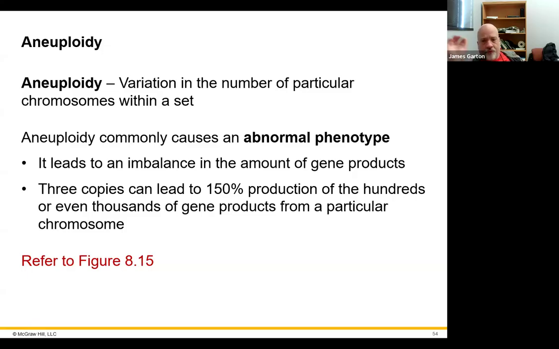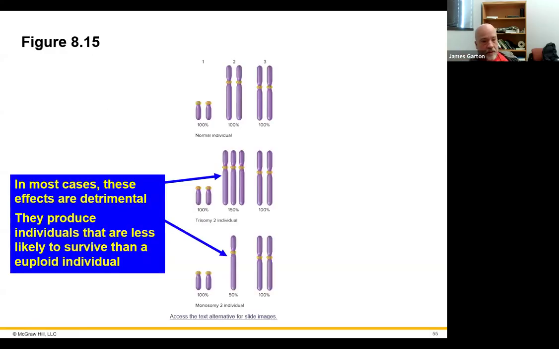And so you overexpress the genes in that chromosome that you have three copies of, or you underexpress the genes in that chromosome you only have one copy of.